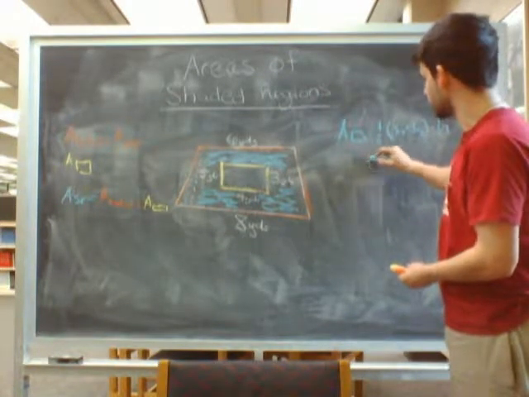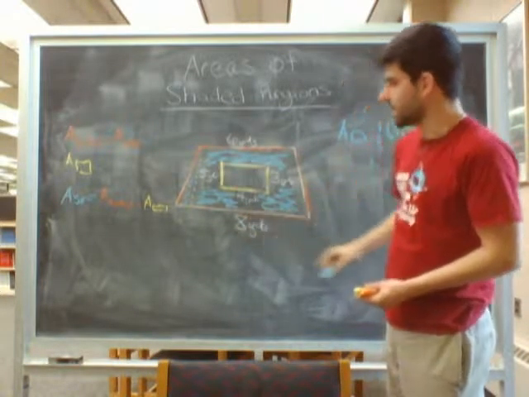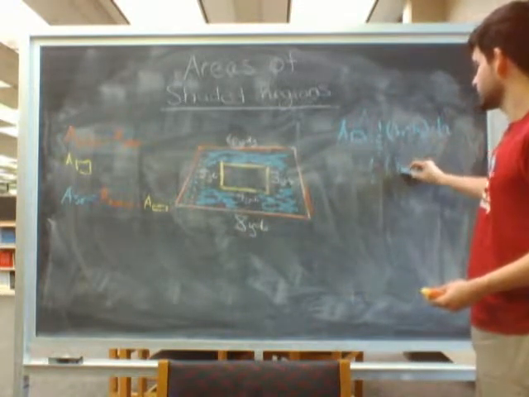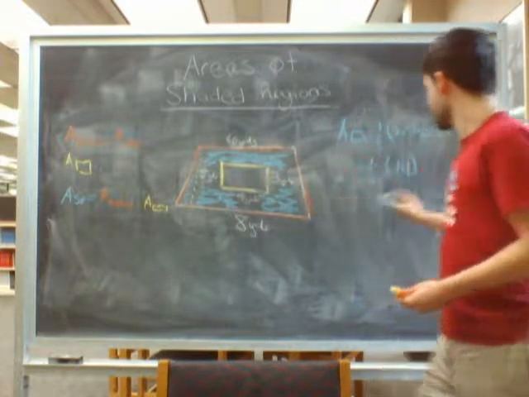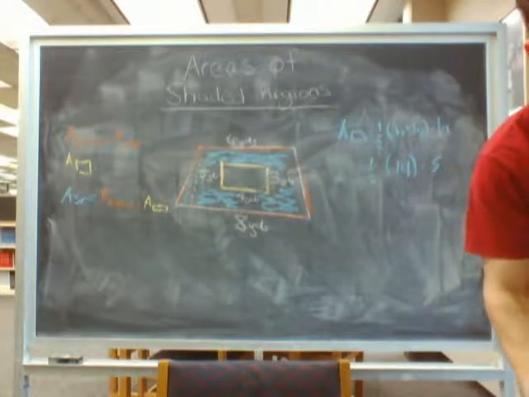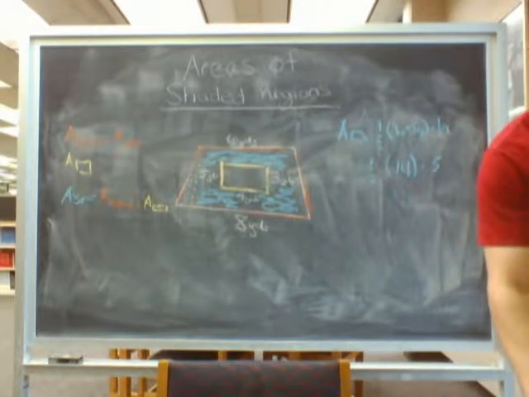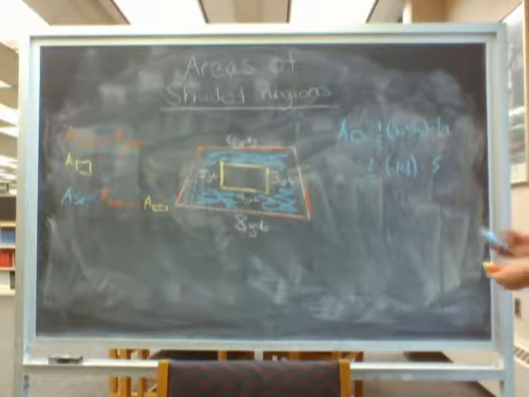So that's going to equal 1/2 times 6 plus 8, which is 14, times the height, which is 5. When we do 14 times 5, we get 70.